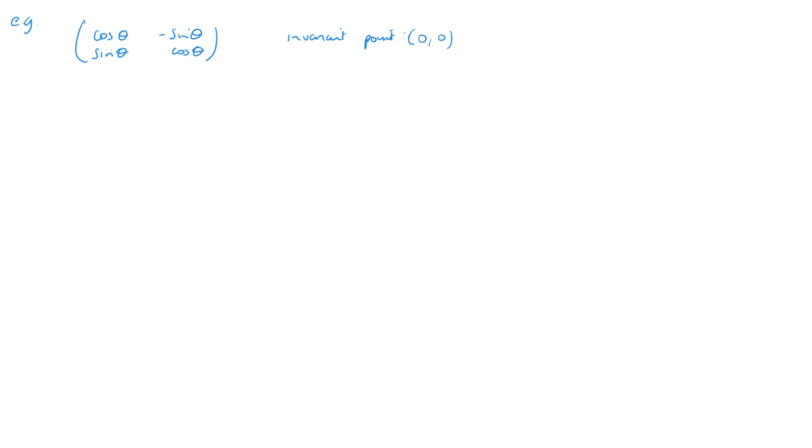Let's look at 90 degrees. Okay, so cos 90, sine 90, minus sine 90, cos 90. So cos of 90 is 0, sine of 90 is 1. So we get this.